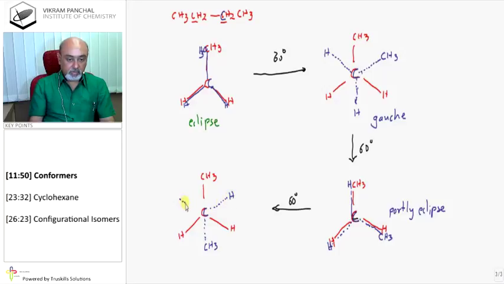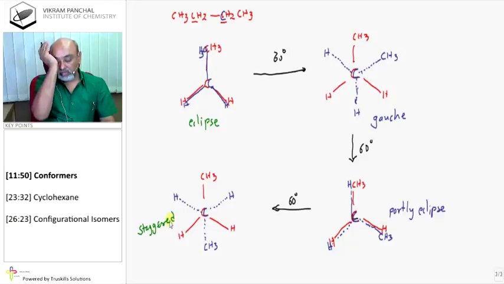Hydrogen, and here also hydrogen. And you can see both methyls are away from each other. This is most stable, and it is known as staggered. So staggered is most stable, eclipse is most unstable.